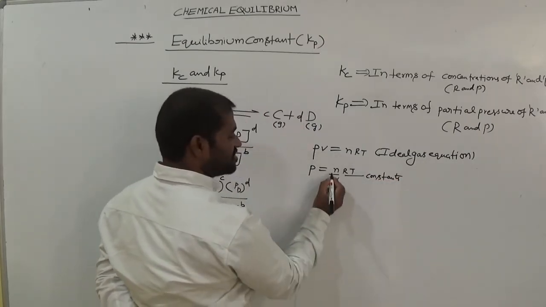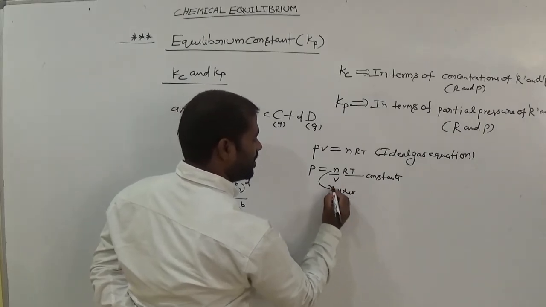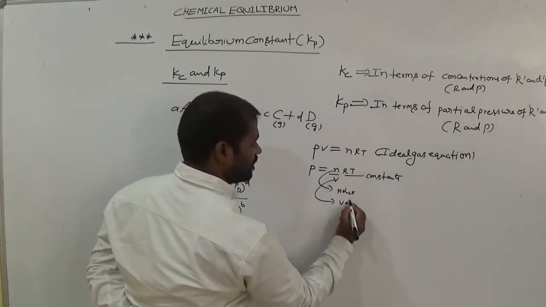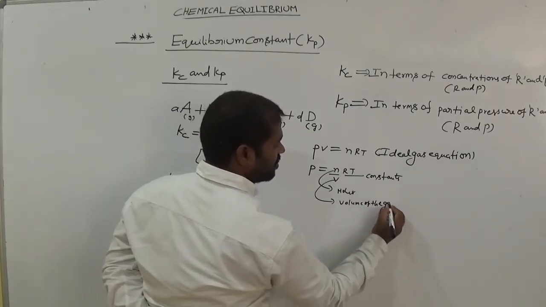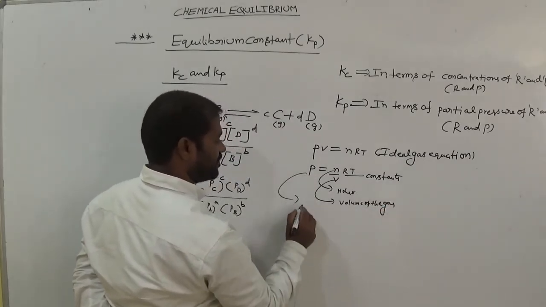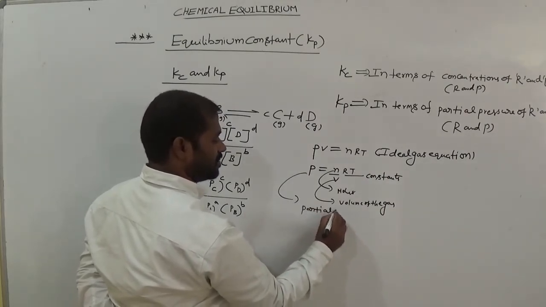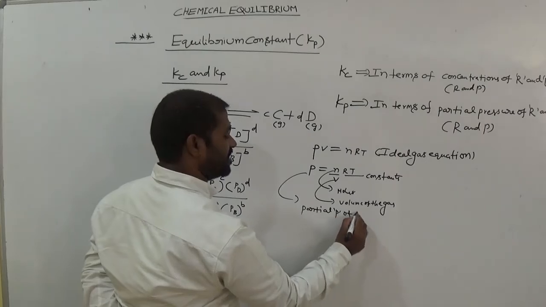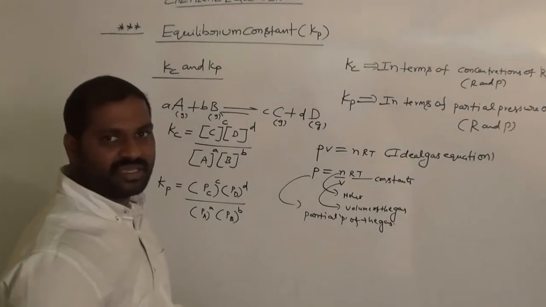Here n is moles, V is the volume of the gas, and P is the partial pressure of the gas.